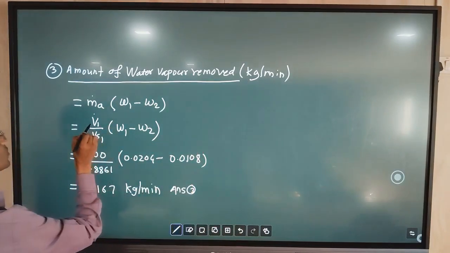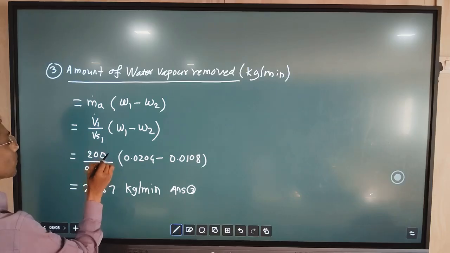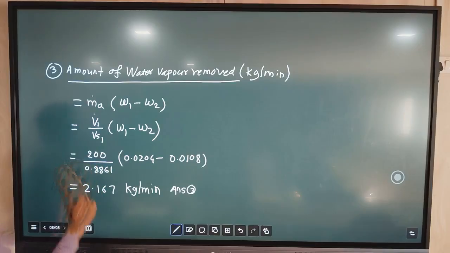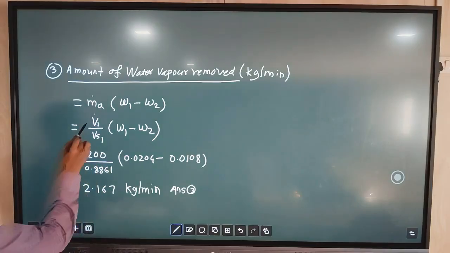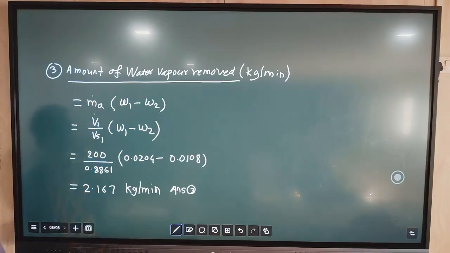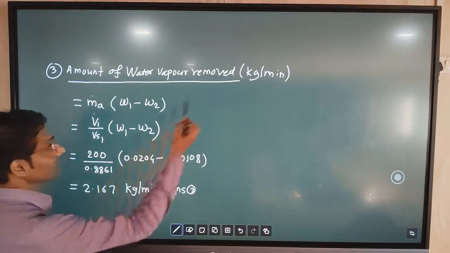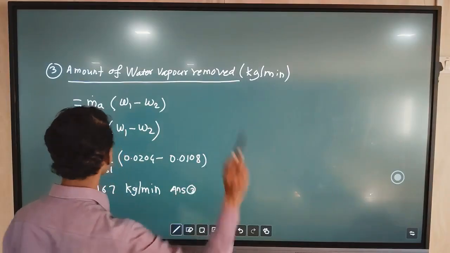So that is why we will use the supply rate in meter cube per minute, which is given to us, that is 200 cmm, cubic meter per minute. That is the volume flow rate of the air supplied. So that as it is we will take, so that we will get the final answer in kilogram per minute.